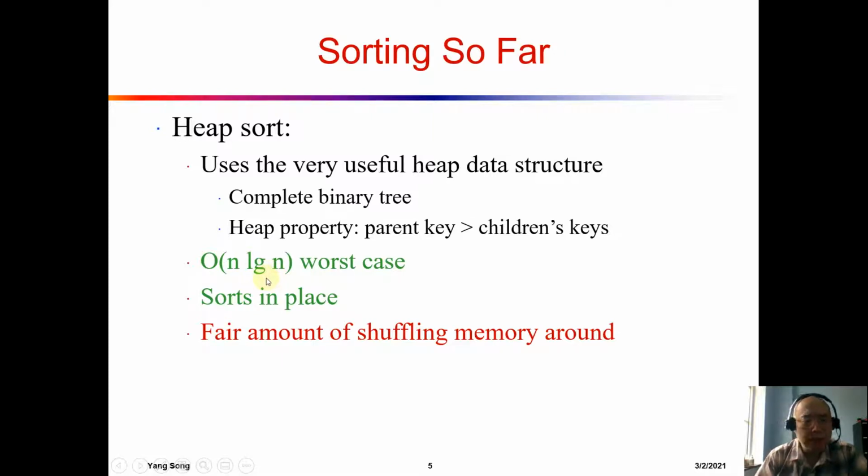Is the base number 1.1, or is the base number 1.5, or is the base number 10? This base number can really make the difference. Comparing the heap sort with the quicksort, the quicksort has a smaller base number here. So that's the reason we say the quicksort is the better one.